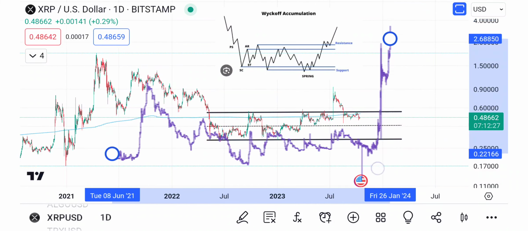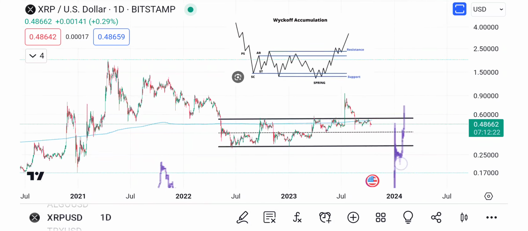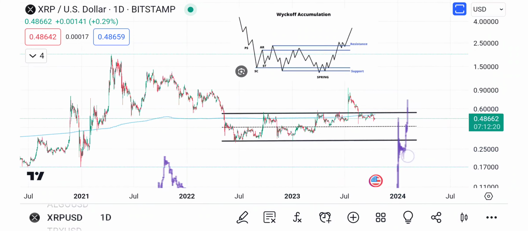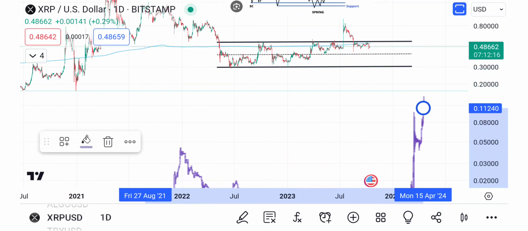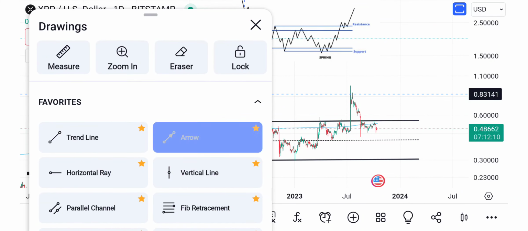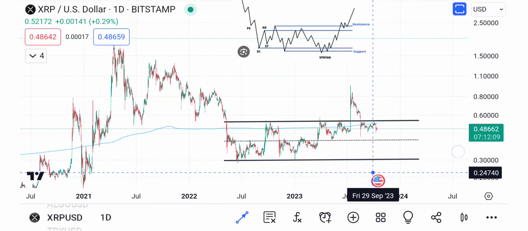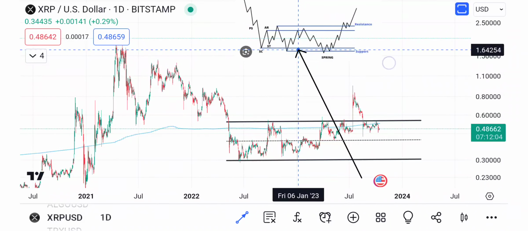Let me move that out of the way for a minute. What we see is something similar, but there's a massive anomaly, and that is the SEC lawsuit. Imagine this is the same thing right here.